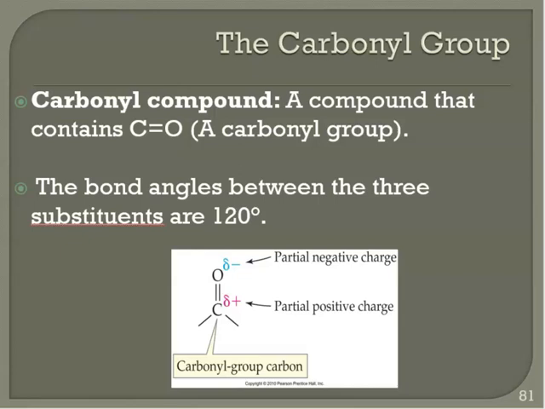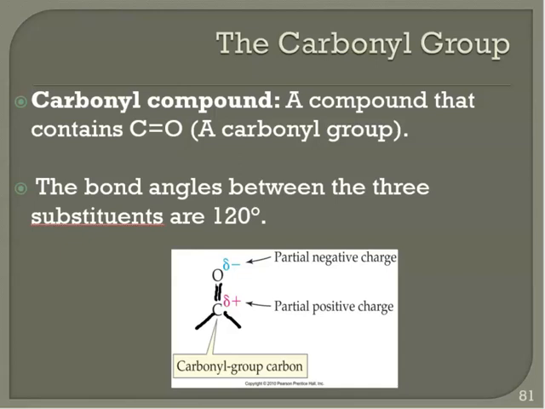And generally that gives it a bond angle of 120 degrees along the carbon, because we have the groups here and here and here, and remember, those electron domains like to repel each other. So 120 degrees is 360 divided by 3.